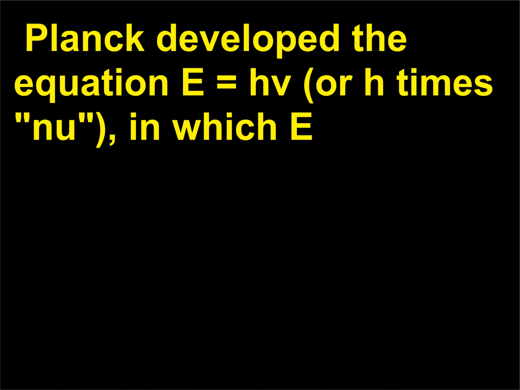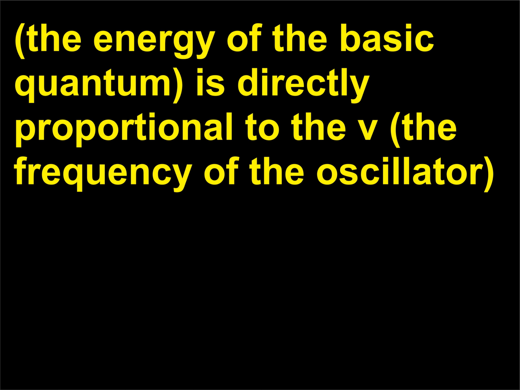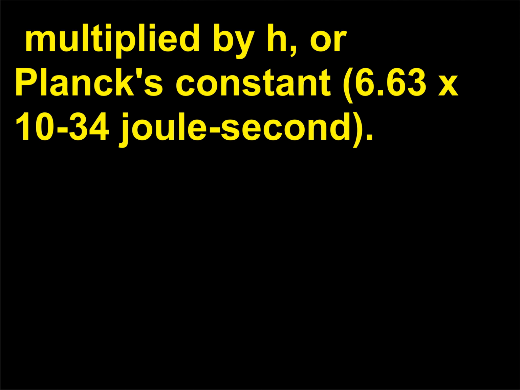Planck developed the equation E equals hv, or h times nu, in which E, the energy of the basic quantum, is directly proportional to v, the frequency of the oscillator, multiplied by h, or Planck's constant, 6.63 x 10 to the minus 34 joule-second.